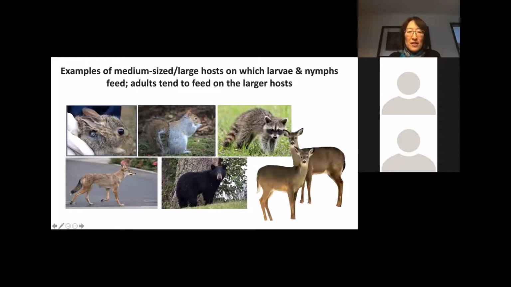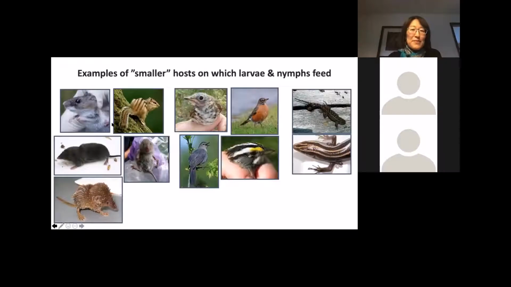There are others like skunks and possums that I didn't put in here, and it seems like they range in their ability to be reservoirs for Borrelia burgdorferi from weak to moderate. The rabbit is a pretty good host for Borrelia burgdorferi. And since we're on this topic, I'll just go back and say most of these small mammals are pretty good hosts for and reservoirs for Borrelia burgdorferi.